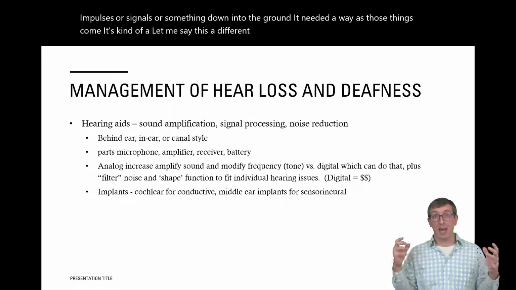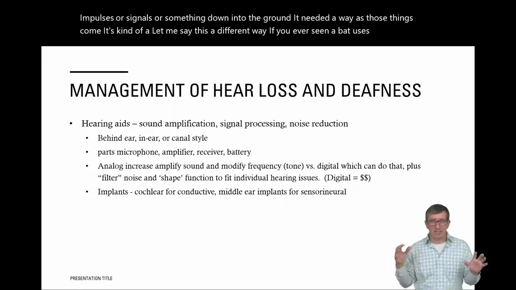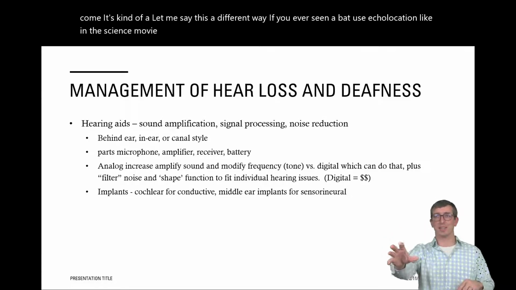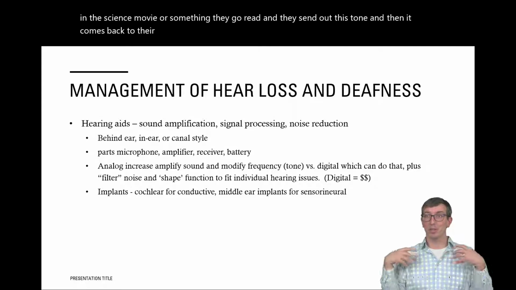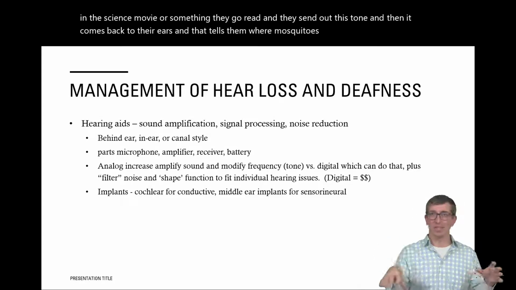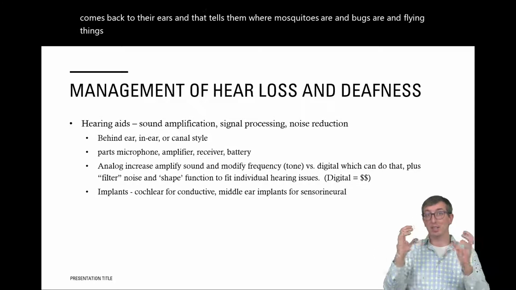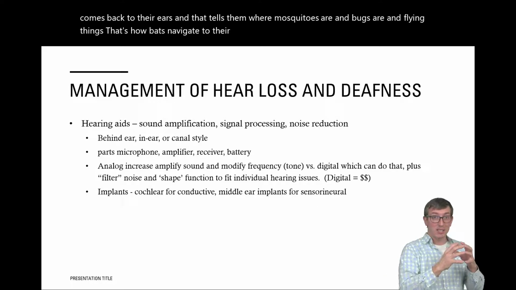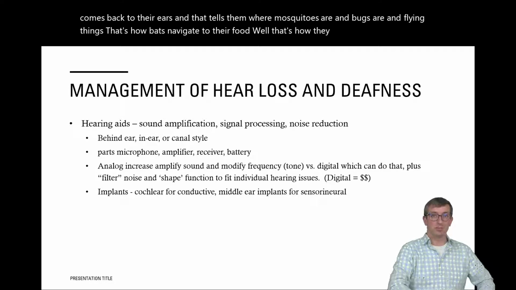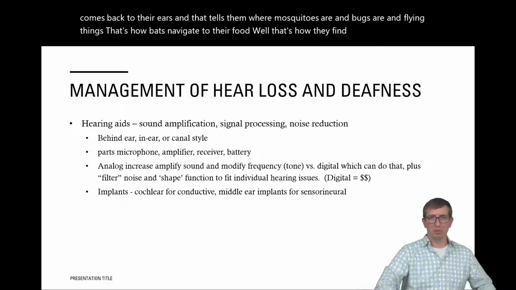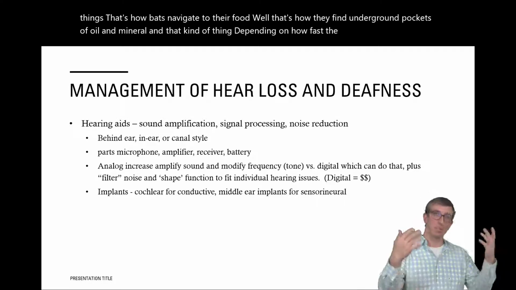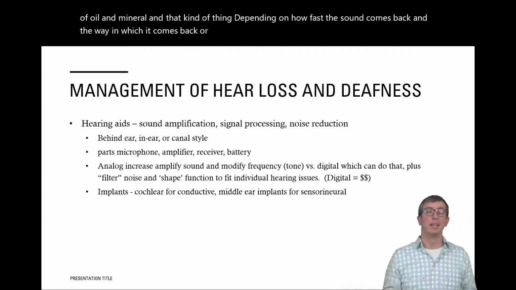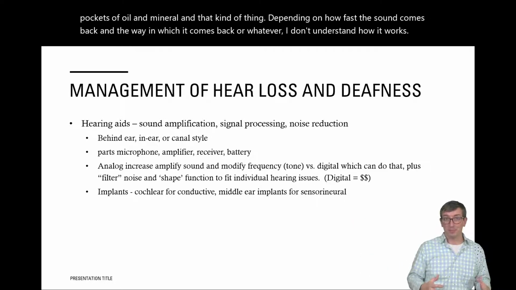If you've ever seen a bat use echolocation, like in a science movie, they send out a tone, and it comes back to their ears, and that tells them where mosquitoes and bugs and flying things are. That's how bats navigate to their food. Well, that's how they find underground pockets of oil and minerals, depending on how fast the sound comes back and the way in which it comes back. I don't understand how it works, but that's where autotune came from.